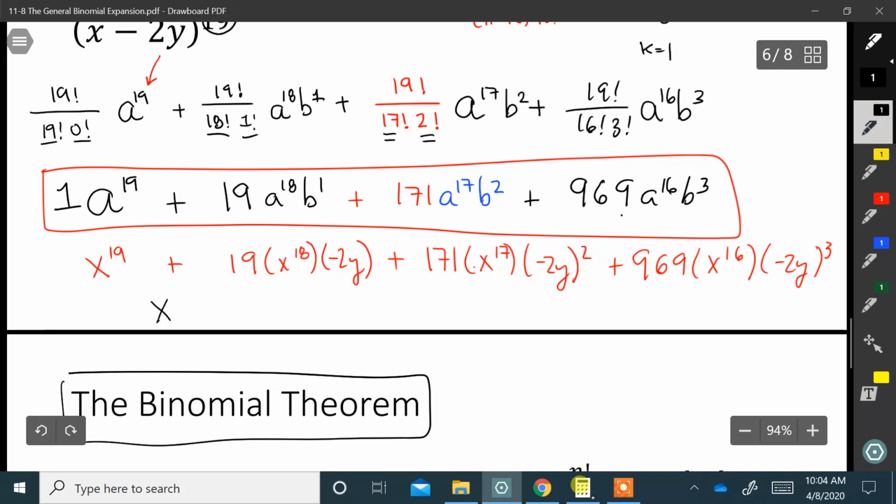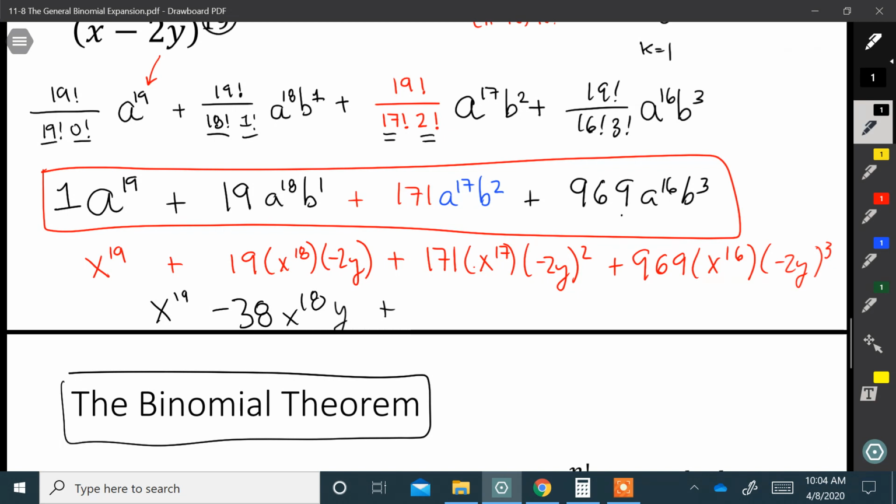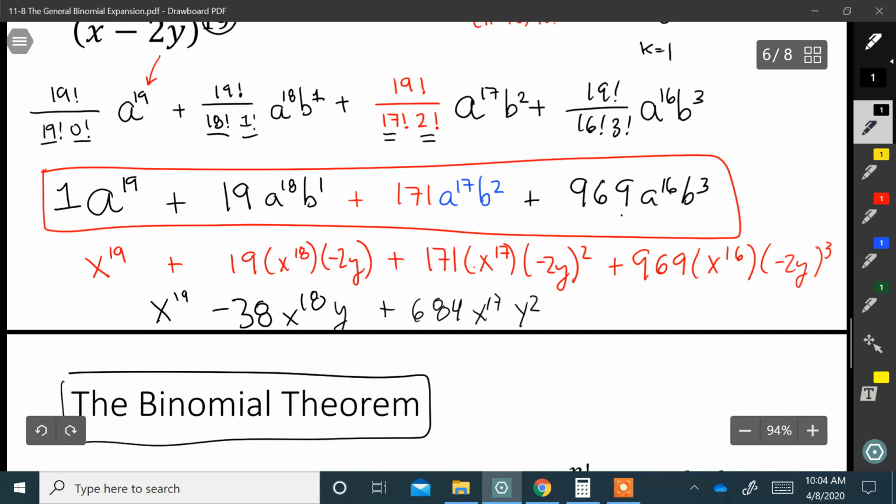My final answer is going to be x to the 19. 19 times negative 2 is going to be negative 38 x to the 18 y. Negative 2 to the second is going to be 4. So we're going to multiply 4 times 171, and that's going to give me 684 x to the 17 y to the second.